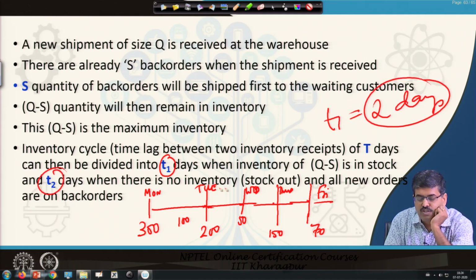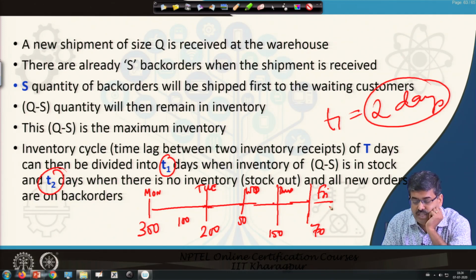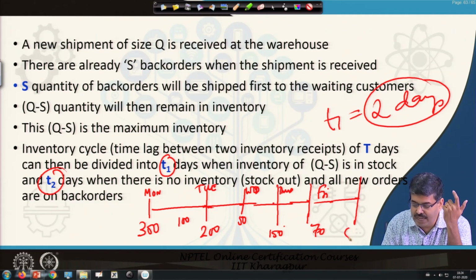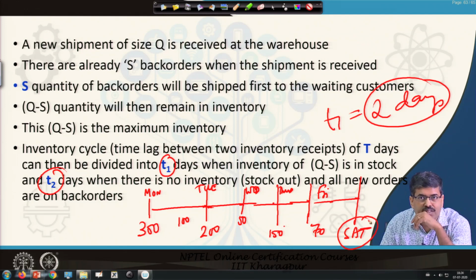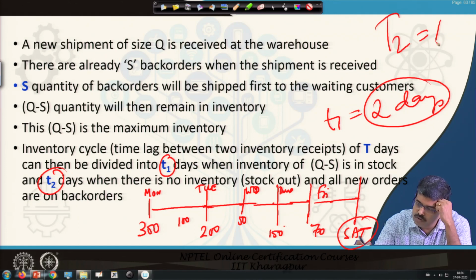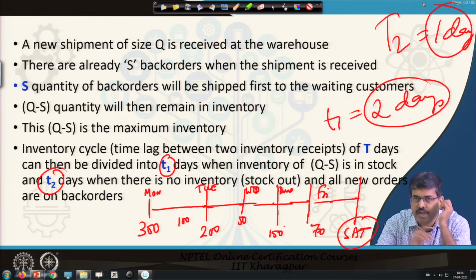T2 is when there is no inventory. How many days is T2? After Thursday, on Friday the order has come, and the next supply is on Saturday. Saturday this order can be met. So, one day there is no inventory, order has come but there is no stock. So, T2 is equal to 1 day.